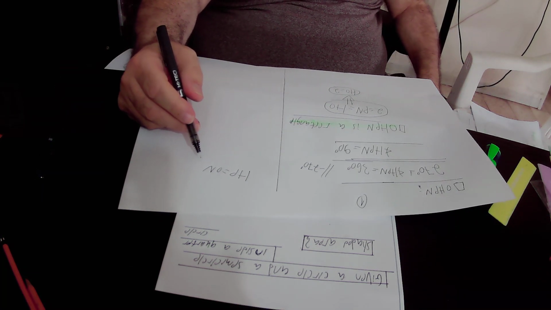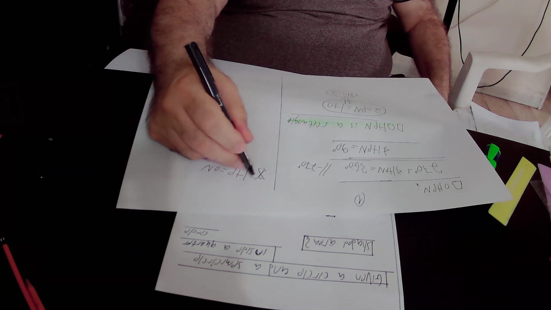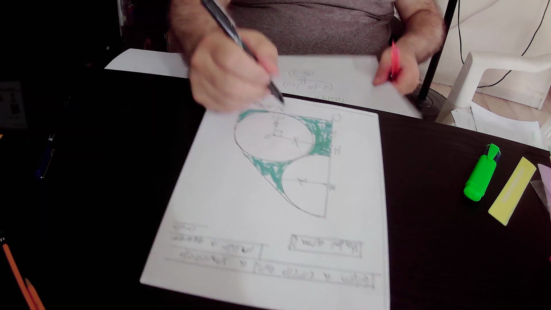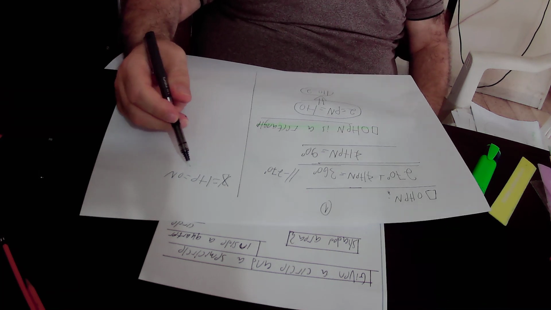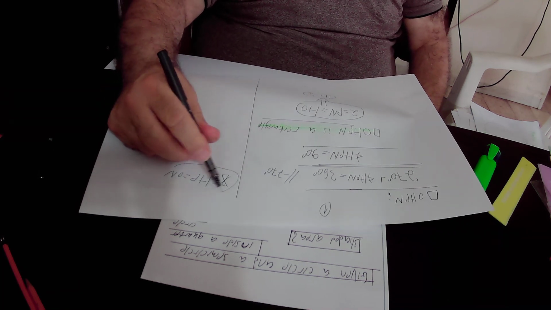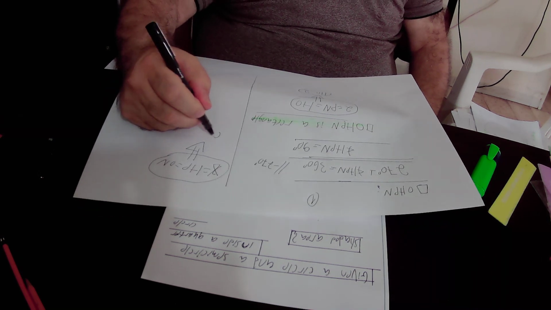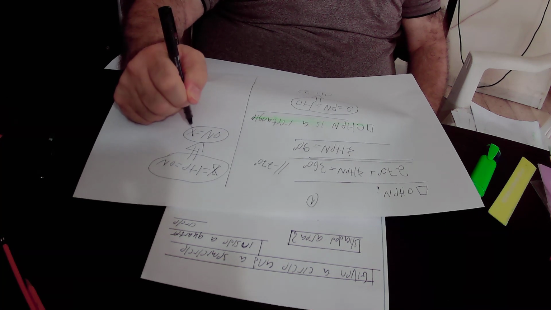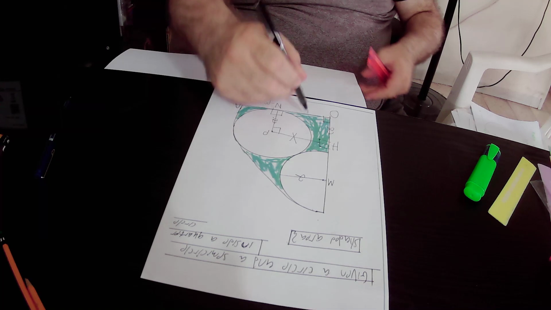So if we define HP as x, then from this equation x equals HP equals ON, we conclude that ON is also equal to x. So we can write here that ON equals x.